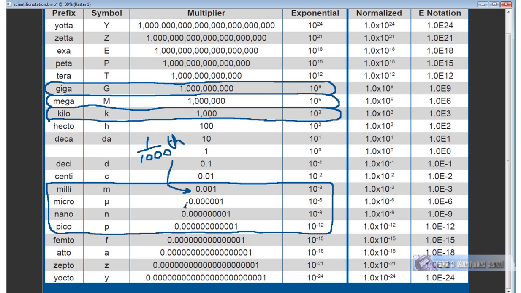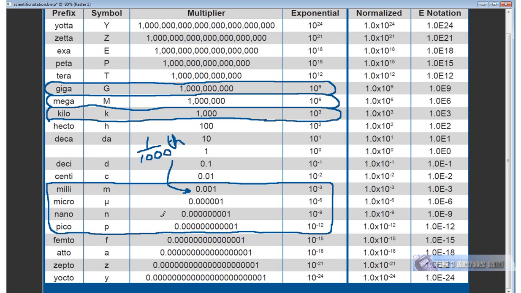Micro means a millionth because there are 6 places after the decimal point. 1, 2, 3, 4, 5, 6. That's a millionth. Milli is a thousandth because there are 3 places after the decimal point. 1, 2, 3.